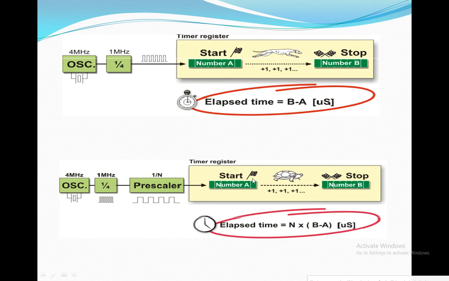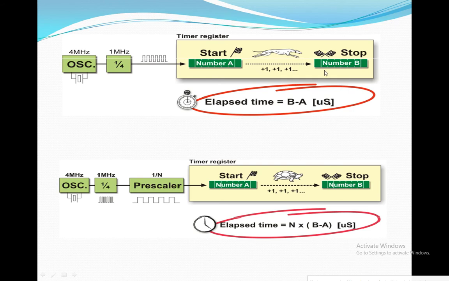You can see these two diagrams, which show the timer working. Simply the working is shown. You can see event A and event B. Here we start the timer, and this timer starts counting up by incrementing the content of the timer register by 1 upon every clock edge, until it reaches the maximum value.